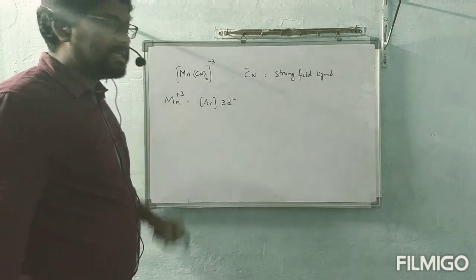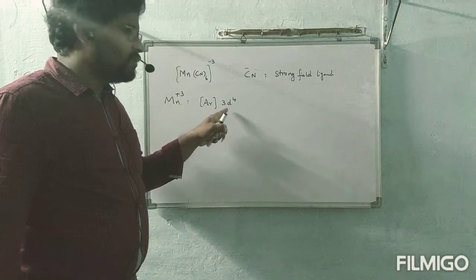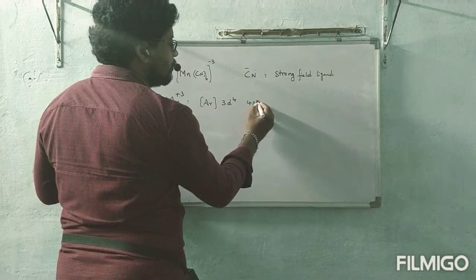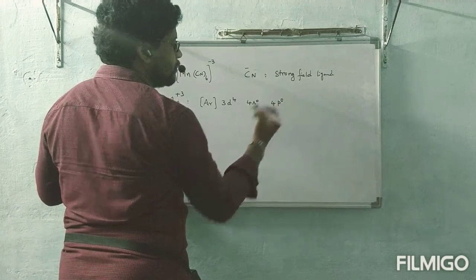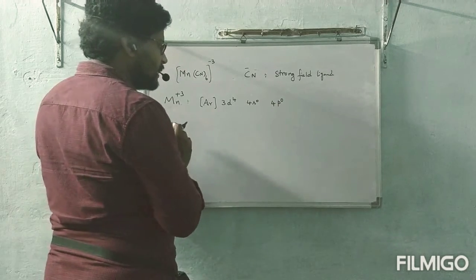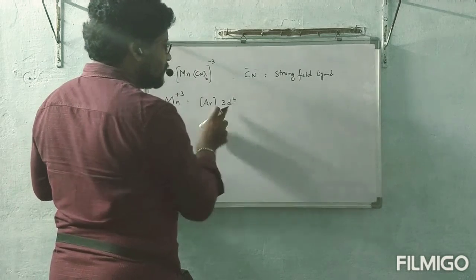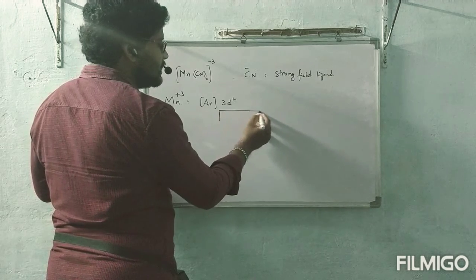Mn3+ means 3 electrons must be removed, then it becomes 3d4 4s0. So I am writing here 4s0, 4p0. We have to get clarity on why these electrons are getting paired inside in this 3d4.